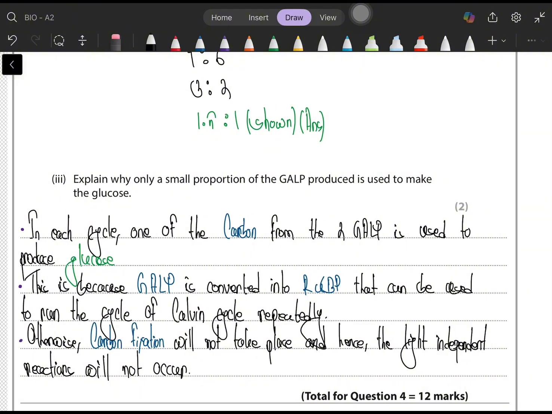Basically, in each cycle, one carbon from 2 GALP is used to make glucose. This is because GALP is converted into RuBP that can be used to run the Calvin cycle repeatedly. Otherwise carbon fixation would not take place, and hence the light dependent reaction will not occur, right? All right. So moving on to the next question.